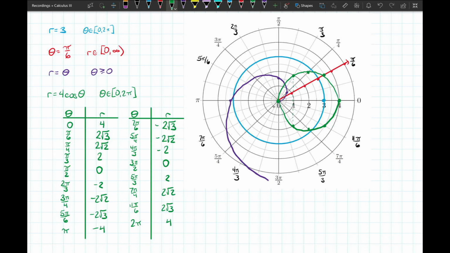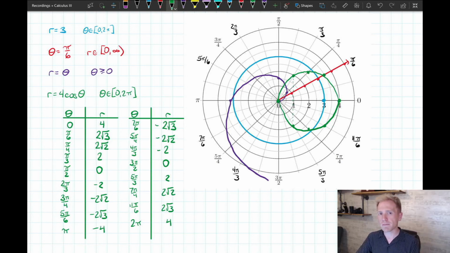That's the same point as pi over 4, +2 root 2. And you see that what we end up doing is we've actually gone around this green circle here twice. So this graph produces a circle of radius 2 centered at the point 2 units to the right of the origin, but it also graphs that circle twice.